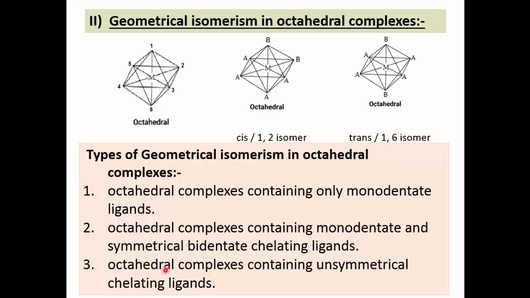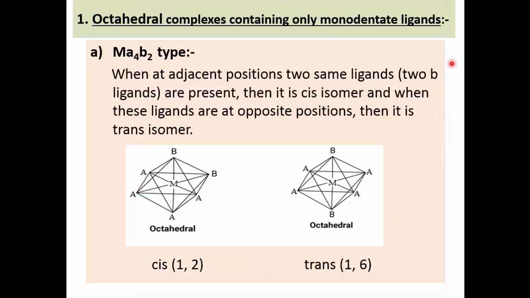Then the next one, third type, octahedral complexes containing unsymmetrical chelating ligand. The name indicates that the 2 donor atoms are not the same. They are different. At that time that ligand is called an unsymmetrical chelating ligand.